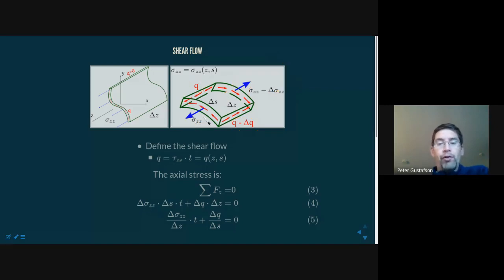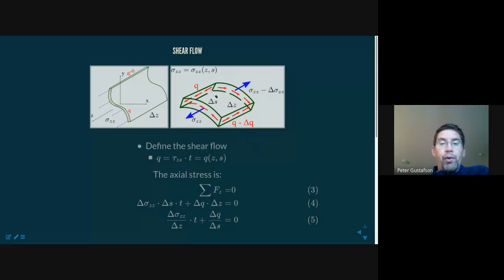Now the shear forces on this front and back face don't contribute to the sum of the forces in the z direction, because those components are in the s direction, and that's perpendicular to the z direction. So we don't get any contribution from this face here, nor from this face here, to the sum of the forces in the z direction, at least with respect to shear flows.